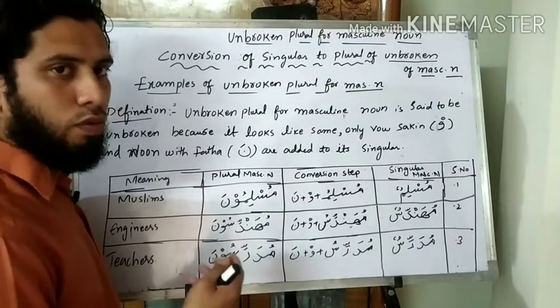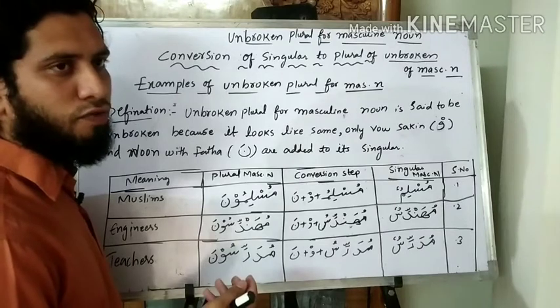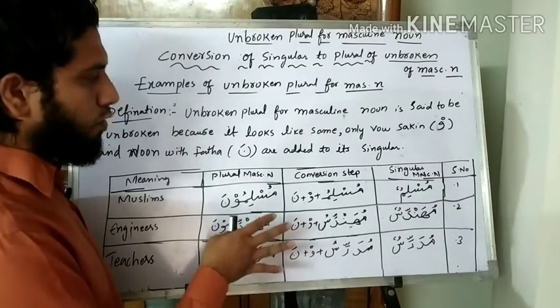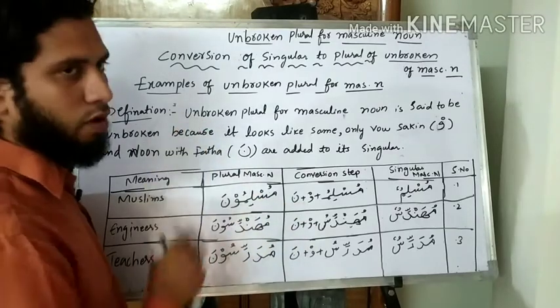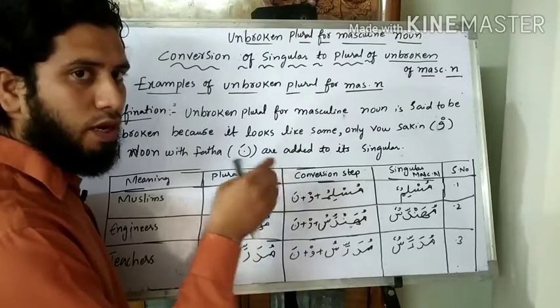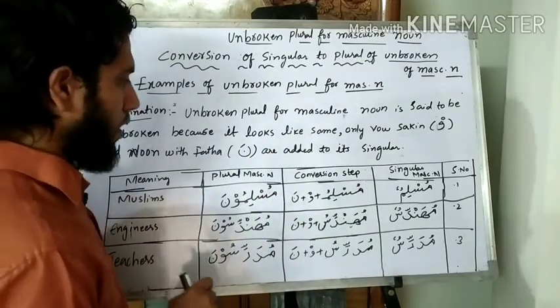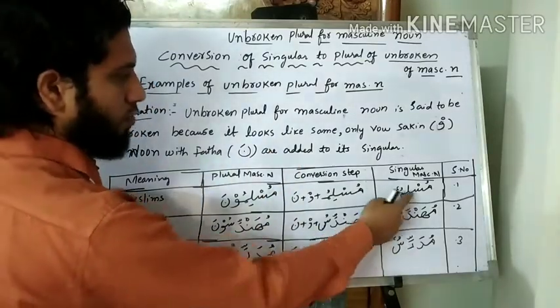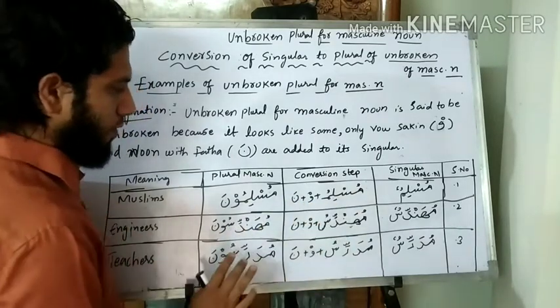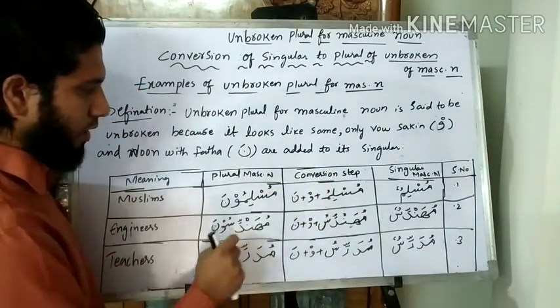When you see the definition and examples of broken plural, you will come to know the exact meaning of unbroken plural, because the broken plural does not look the same. See here again, Muslimun: only waw and noon fatha are added to its singular. Here is the conversion step.